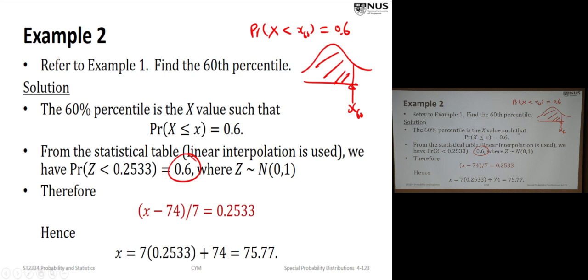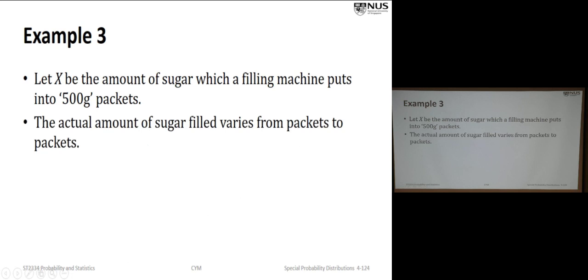Okay. This one is interesting. Here, no use for your calculator. Mu is not given. We have this machine to fill up packets of sugar. It's supposed to be 500 grams.